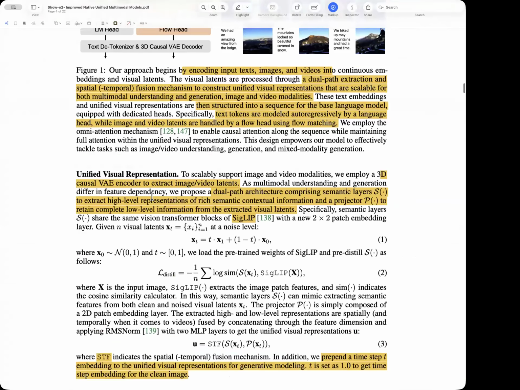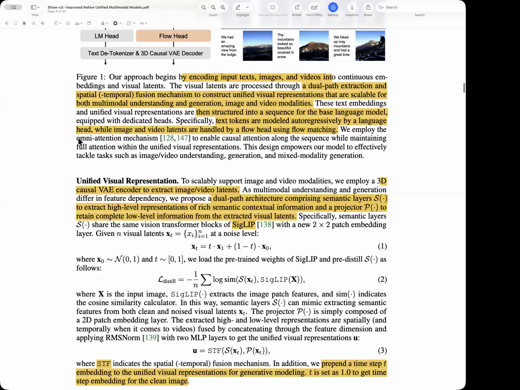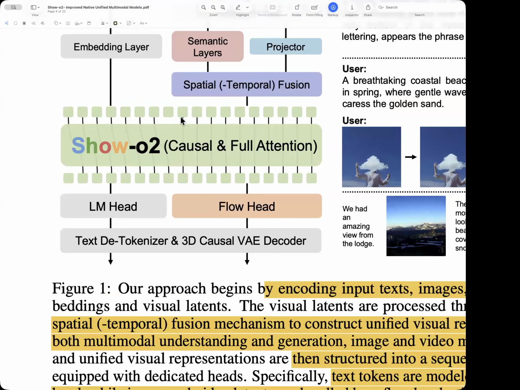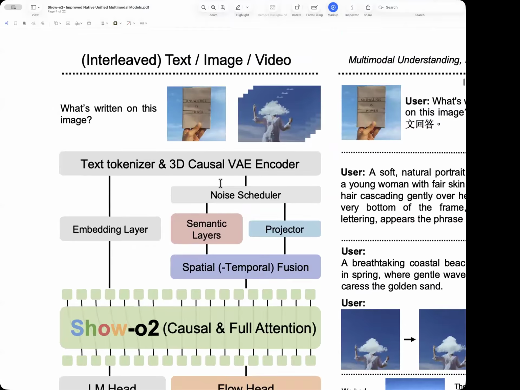Then they build this unified visual representation, which organizes the VAE outputs into a proper representation and a sequence that goes through attention.